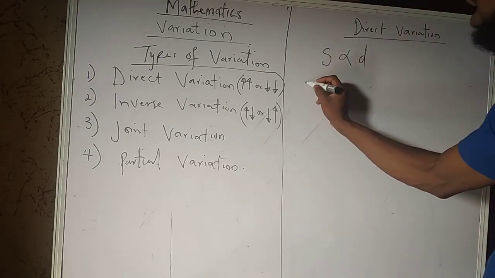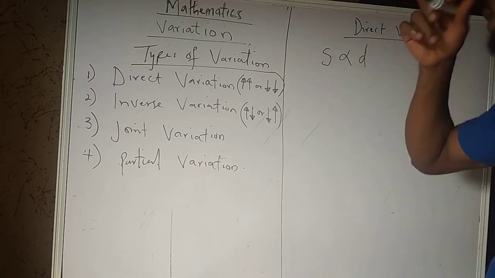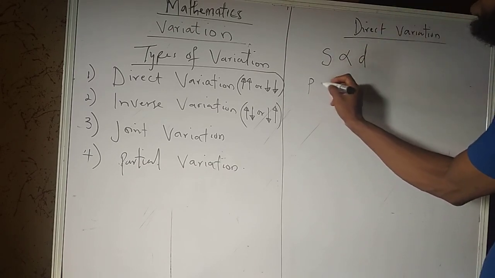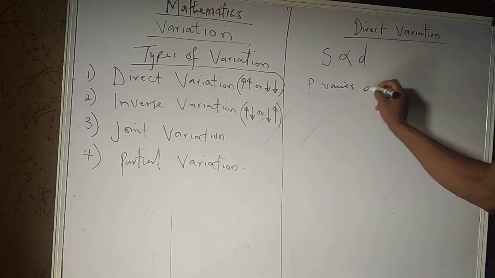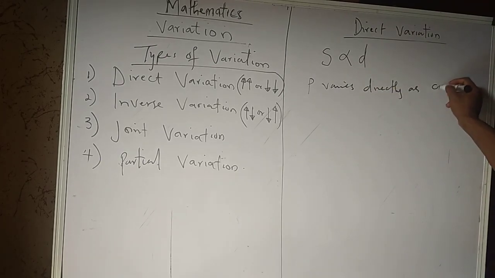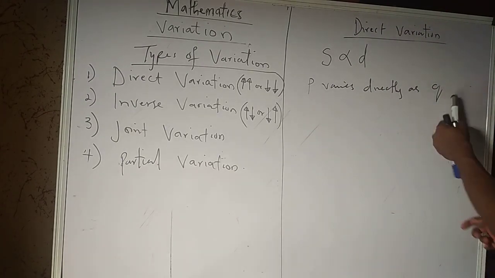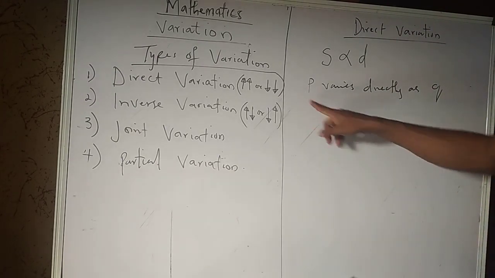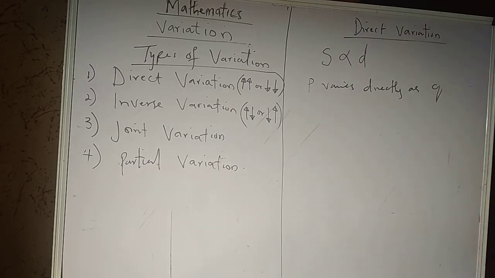Let's say P varies directly as Q. What this means is that as P is increasing, Q is increasing, or if P reduces, Q will reduce as well.